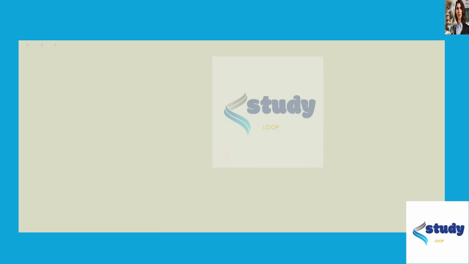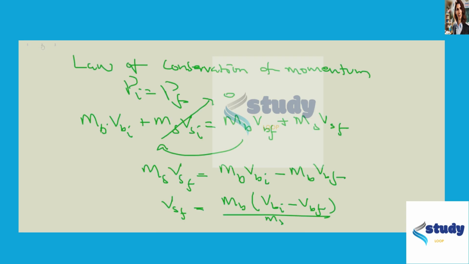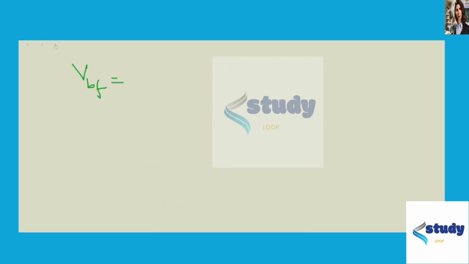Going to the next page, we get to see that plugging in numbers, the final velocity of the stone equals the mass of the bullet over the mass of the stone. The mass of the bullet was 0.006 kilograms over the mass of the stone, which is 0.100 kilograms. So we've taken care of that.